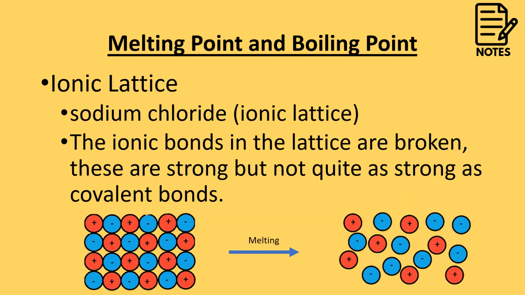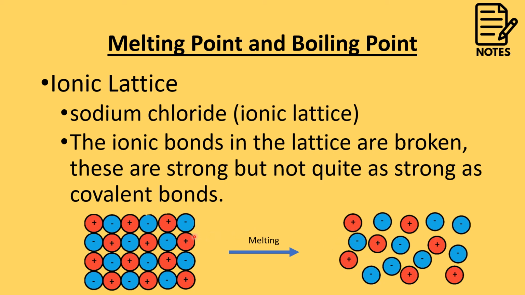So let's have a look at that in practice. Sodium chloride, which is an ionic lattice, is table salt. You can see on the left here in our drawing that we've got this rigid structure where everything's, remember, oppositely charged ions that we've talked about before, where we have positive to negative, and so on. In order for us to melt this chemical, what we have to do is separate out the ions and make them able to move.